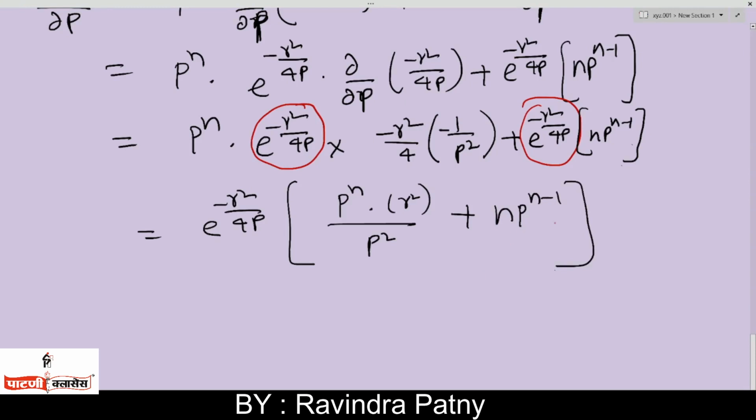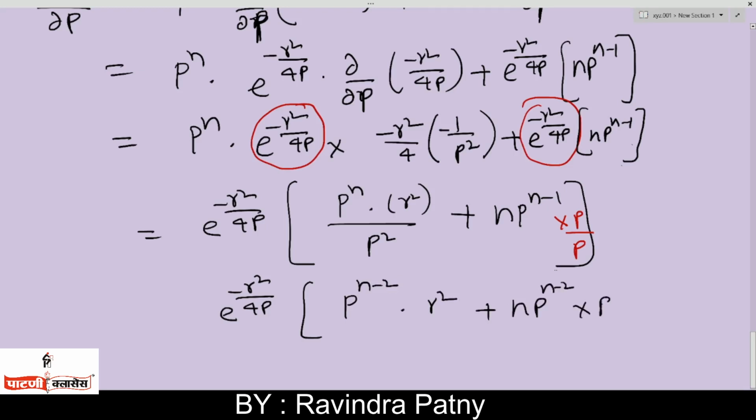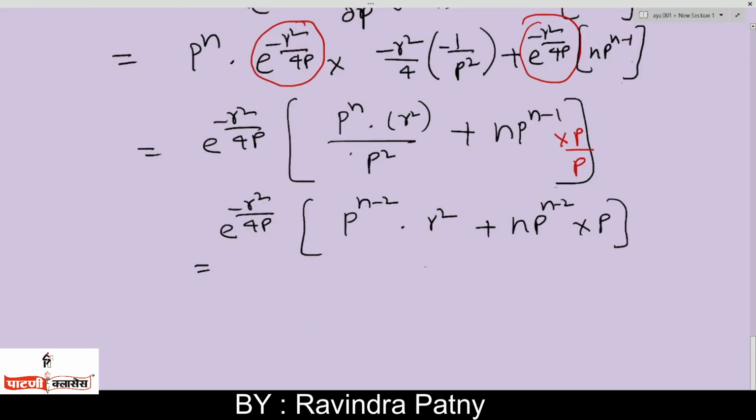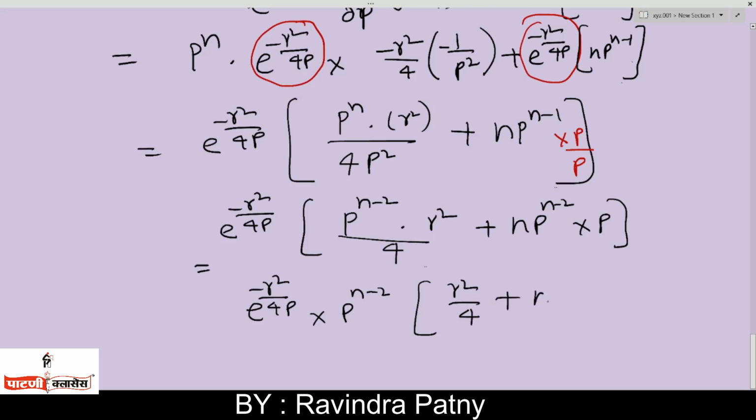Now here multiplying and dividing by p, which is equal to e raised to minus r square upon 4p p raised to n minus 2 into r square plus n p raised to n minus 2 into p. By mistake I have not written 4, now writing here upon 4. Now I am going to take again e raised to minus r square upon 4p p raised to n minus 2 common. So I have r square upon 4 plus np.